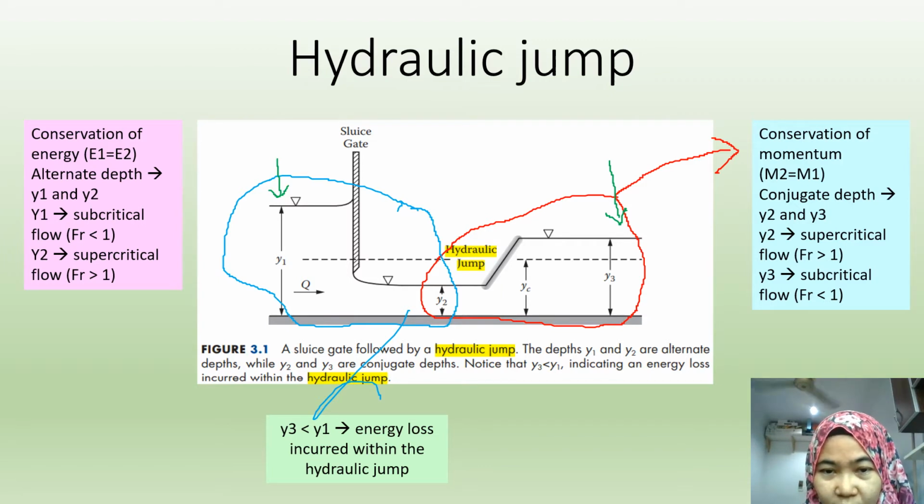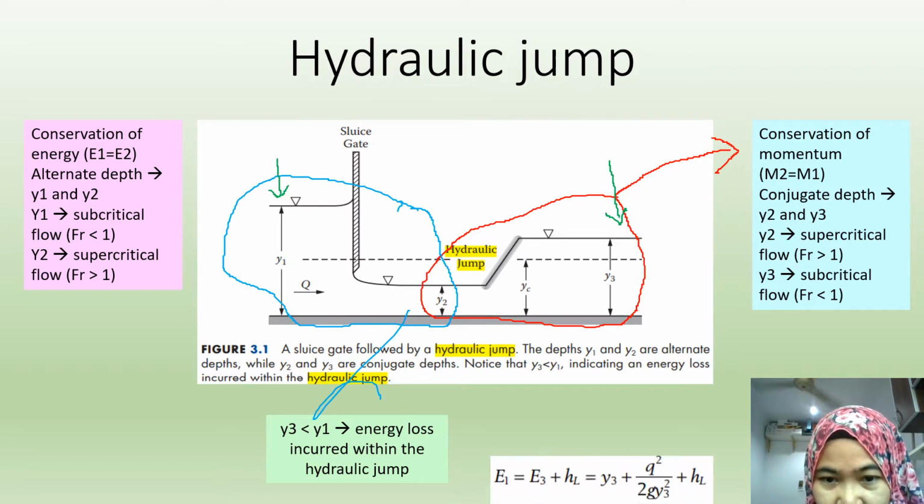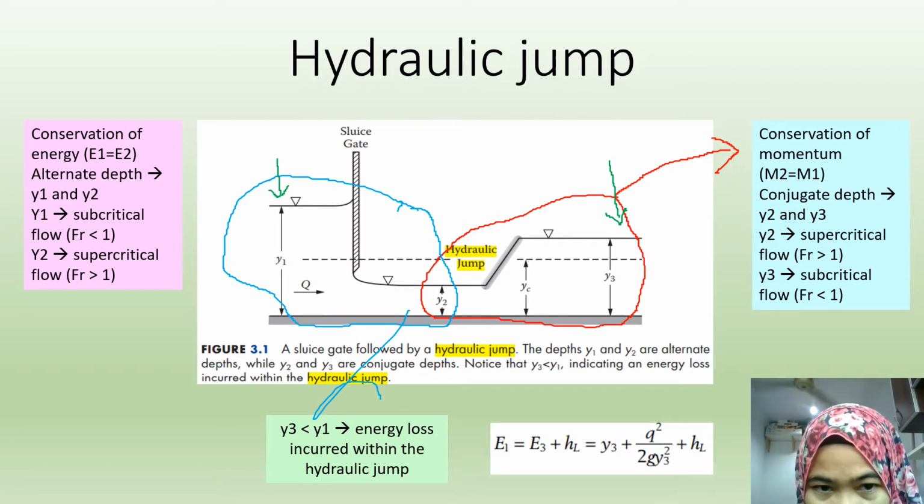For loss of energy in hydraulic jump, it can be written as this: E1 equals E3 plus HL, where HL is energy loss. So the equation of energy at section 3 is y3 plus Q to the power of 2 divided by 2g y3 to the power of 2, plus HL.